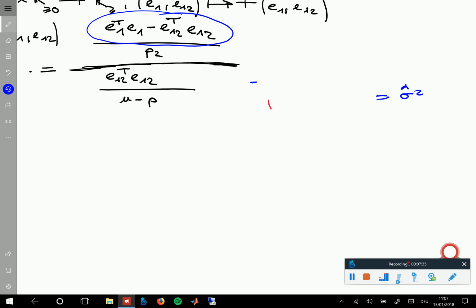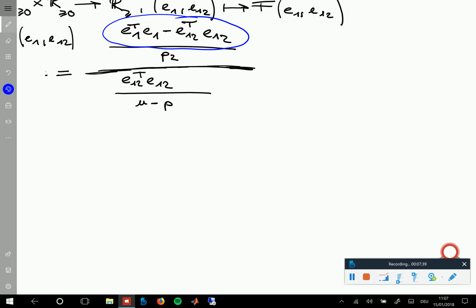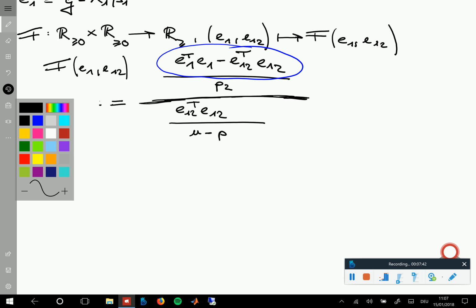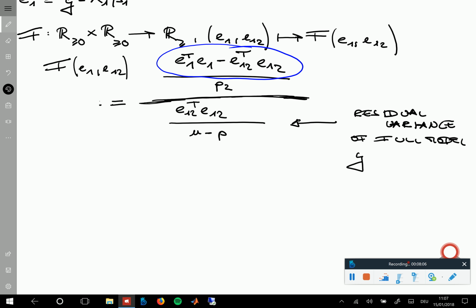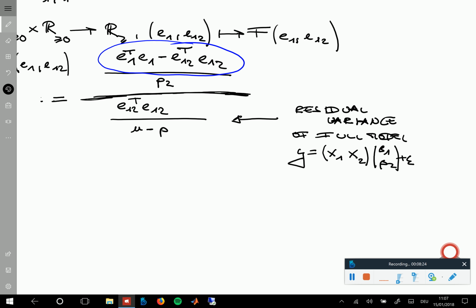What this means is that whatever the F statistic does is expressed in terms of the residual variance of the full model, and the full model is, of course, I'm just writing it up again, of this form. Good.